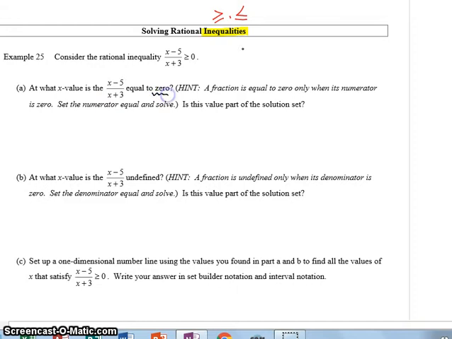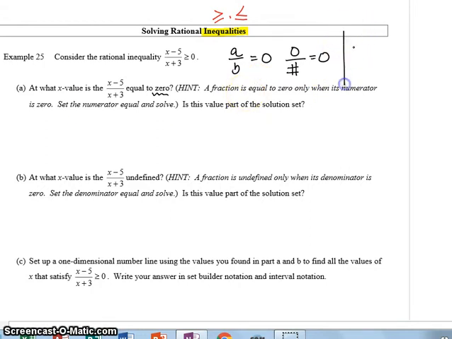Now, in order for a fraction, think fraction, right? In order for it to equal 0, you will have 0 over any number to equal 0. So it says, hint, a fraction is equal to 0 only when its numerator is 0, right?